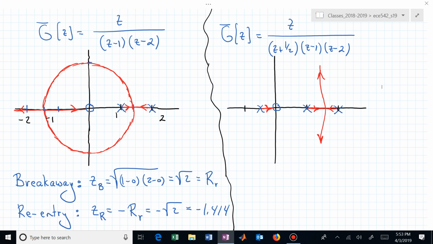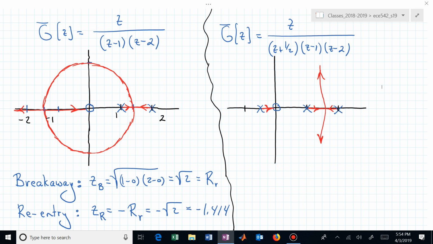And that's going to depend on the angle being minus 180 at those segments. If we look at the infinitely long one to the right of 2, you can see that all the angles from the poles and the zeros are 0, so there's no way that that equals minus 180. We can throw that one away. That doesn't belong to the root locus.